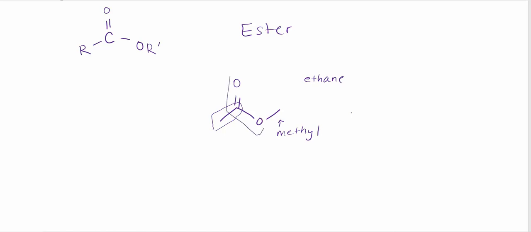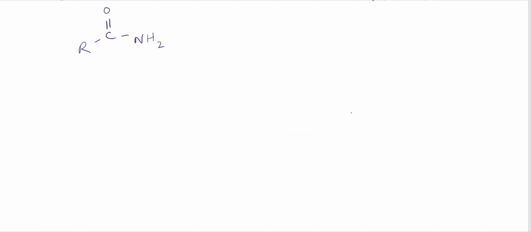It has this functional group attached to it. So like the carboxylic acid, we would replace the E with an O, but this time we call it oate instead of oic. So this would be called methyl ethanoate. And that's how you briefly name an ester.